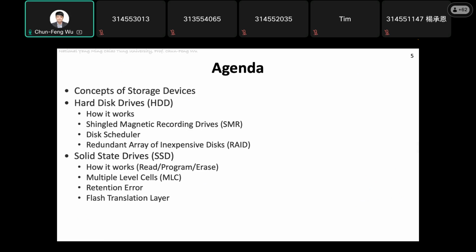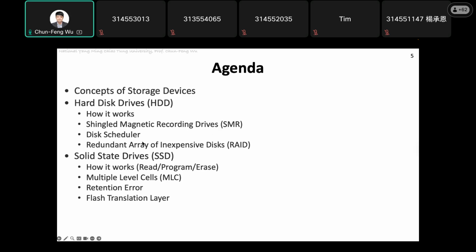Because the write head is larger than the read head, there is a thing called shingled magnetic recording drive, SMR, and this is super practical because in the current market you can find this kind of SMR drive. It can offer 1.5 or even double the capacity of a regular hard disk drive. So if you see something like 15 terabytes or 20 terabytes, usually this is because it is using SMR.